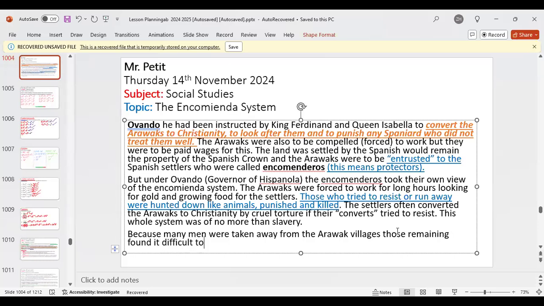So, Mr. Batiste, some of the Arawaks run away and they hunt them like animals. Yeah, of course. Because many men were taken away from the Arawak village, those remaining found it difficult to find enough food. Because remember, the males were the ones who used to go out and hunt and all that stuff.